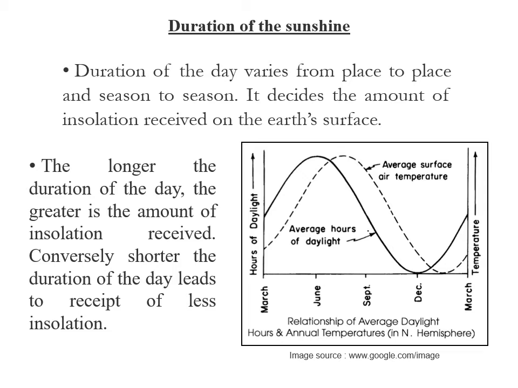So, very obviously, the longer the span of the daytime, the greater the amount of insolation energy received at that point or at that place. So, the length of the day is directly proportional to the insolation energy received at that point.